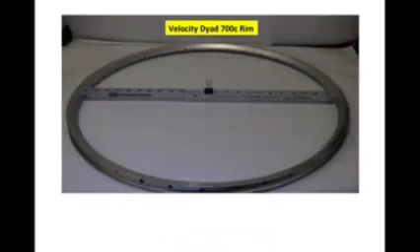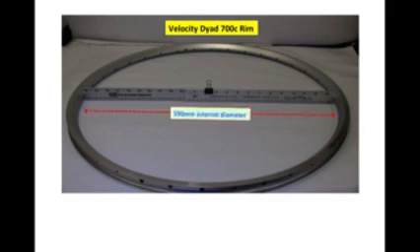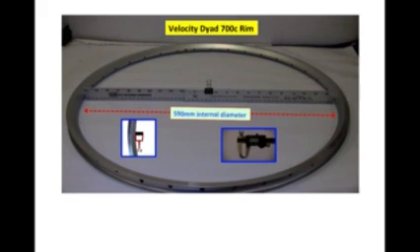Let's look at a specific example for a Velocity Diad rim, a 700C rim, and we have a 590 millimeter internal diameter. I'm using a nipple that has a length of 10.70 millimeters, and I can measure my nipple drop of 7 millimeters.